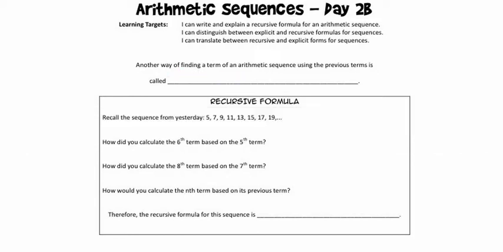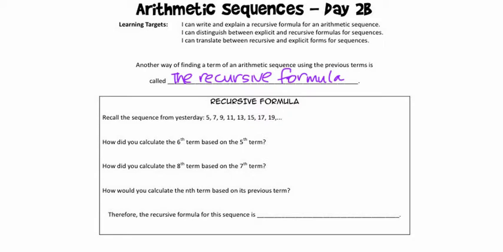Now, another way of finding a term of an arithmetic sequence using the previous term is called the recursive formula. If you recall from yesterday, we had a sequence which read 5, 7, 9, 11, 13, 15, 17, 19, and so on.